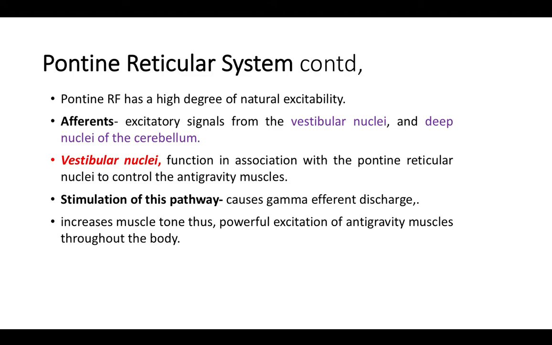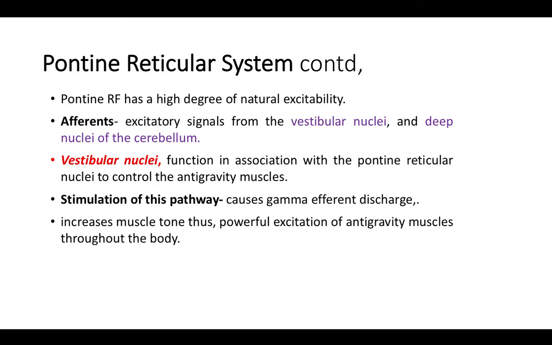The pontine reticular system, in other words called the pontine facilitatory or excitatory reticular system, functions in conjunction with the vestibular nuclei and cerebellum to maintain posture. So it always functions as an adjunct.